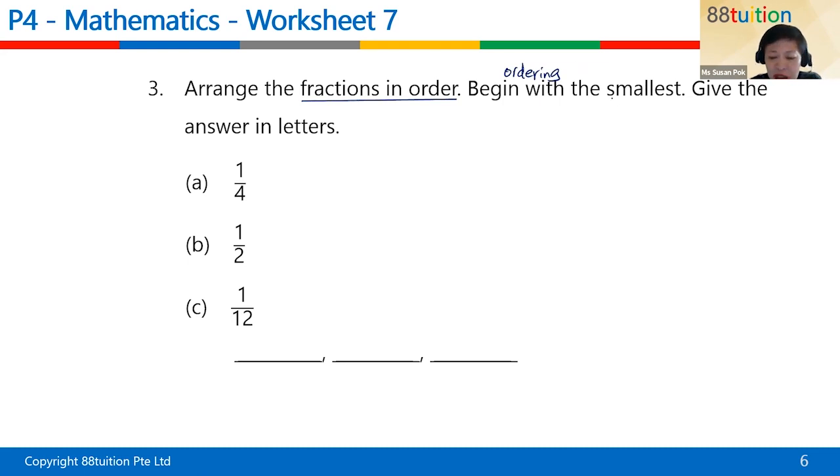So you are supposed to begin with the smallest. All right, so let's take a look at 1/4, 1/2, 1/12. Now remember, just now we said either we compare the common numerator or we make the denominator the same. So for this one, you have a common numerator, right?